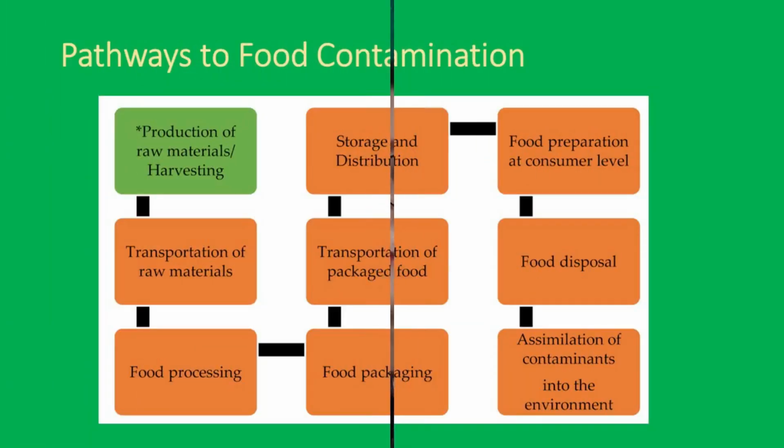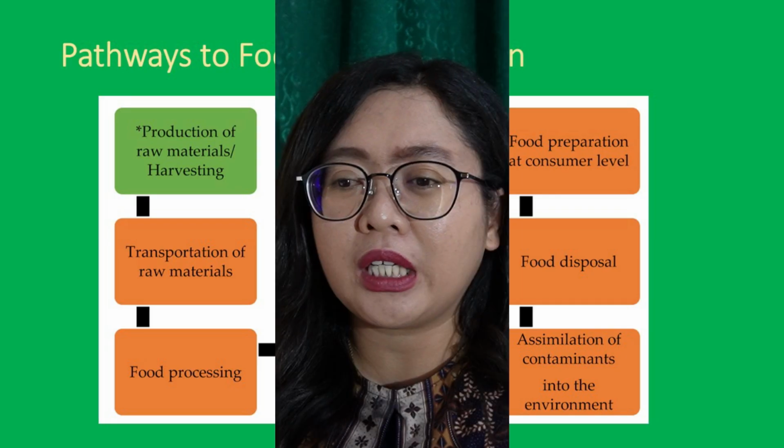So the second objective of this study, we would like to talk about the pathways of food contamination. Of course, when we talk about pathways, it may come from upstream to downstream, right? So it starts with the production of the raw materials, or if we want to see from the origin, it means the pathways of food contamination come from the harvesting. After the harvesting, we consider the transportation of the raw materials.